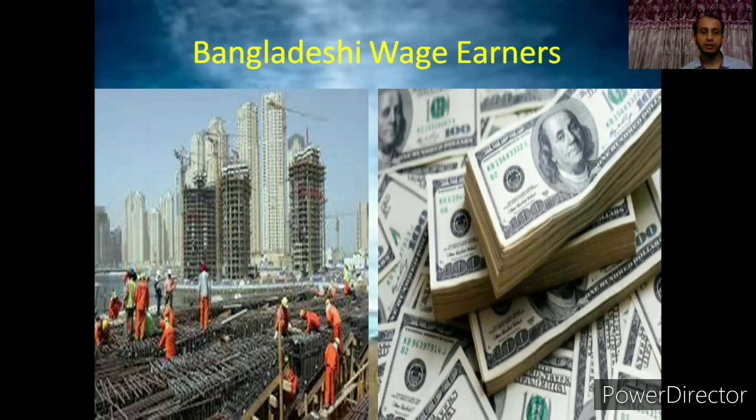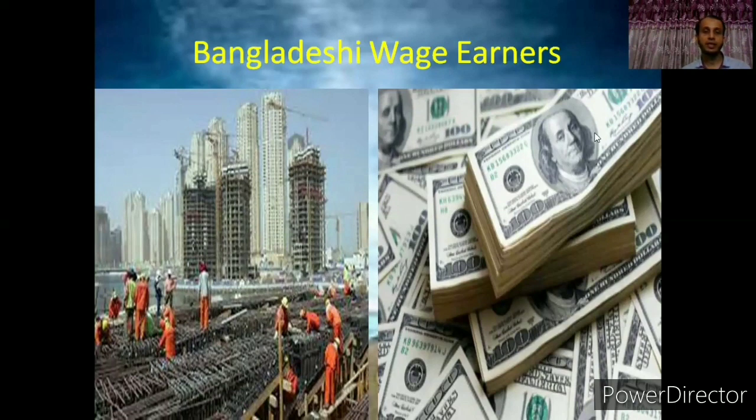But thanks to Almighty Allah, and also thanks to our earners, they are sending money for boosting the economy of Bangladesh through the difficult situation of this present time.